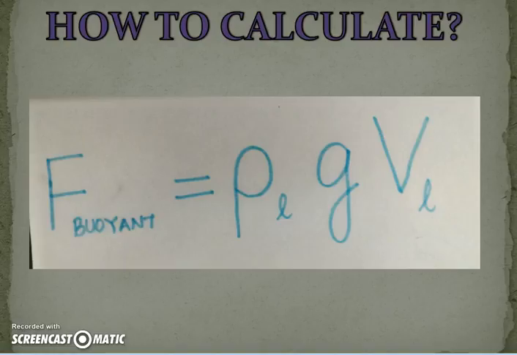And secondly, the volume is of the liquid displaced, which is not necessarily the volume of the entire object, because an object may be partially immersed in water, and then in that case the buoyant force is not acting on the entire object. It is not acting on the portion of the object which is in the air, which is above the liquid surface.